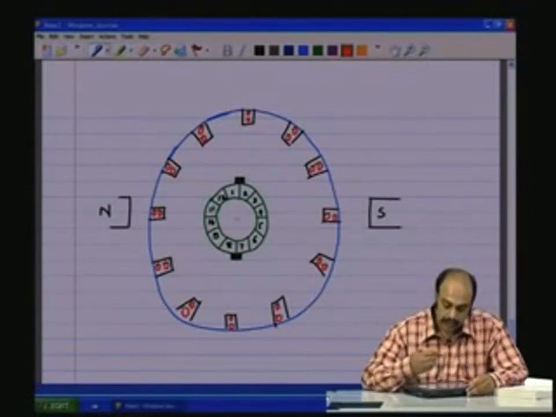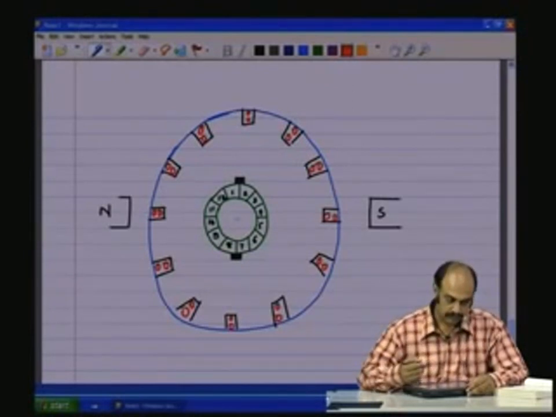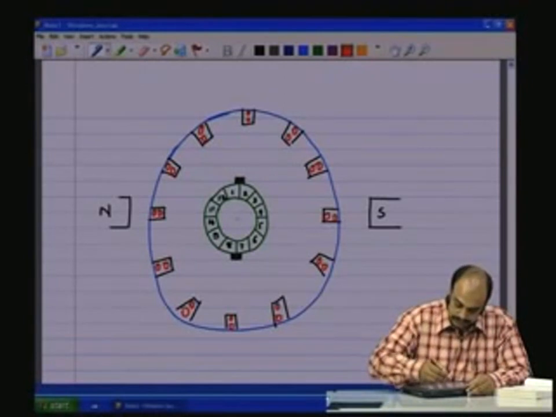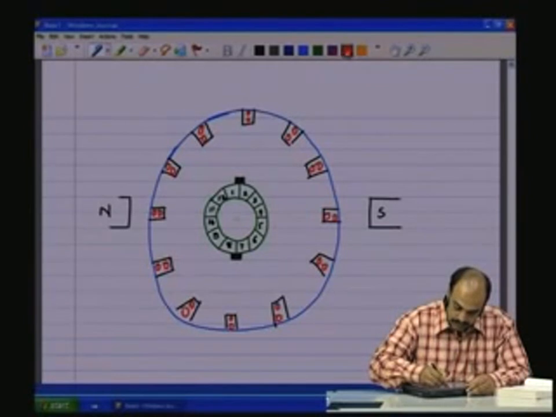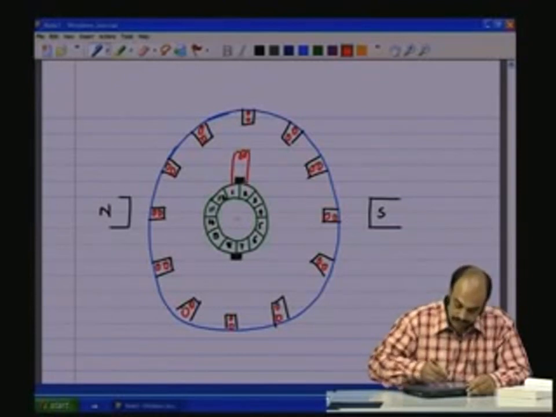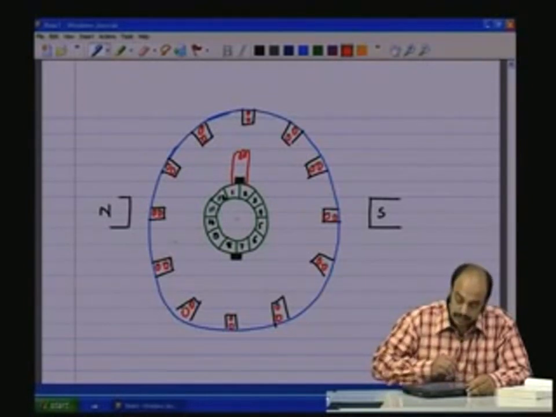So we will have 12 coils which are connected in the following way. So let us put the schematic. Coil 1, coil sides 1 and 2. Each coil has 2 sides which are on diametrically opposite ends of the core.